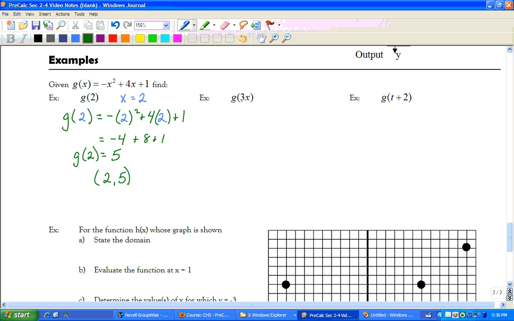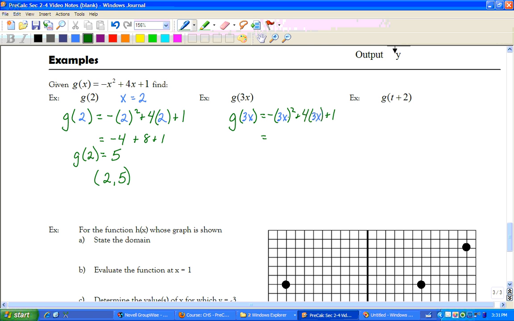Next example, g of 3x. So this is saying our input is 3x. Again, I'm going to write my equation with parentheses where my x used to be, and then input my new value, which is 3x. Then I'm going to simplify the right-hand side.